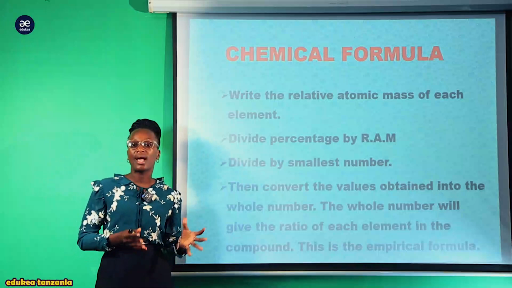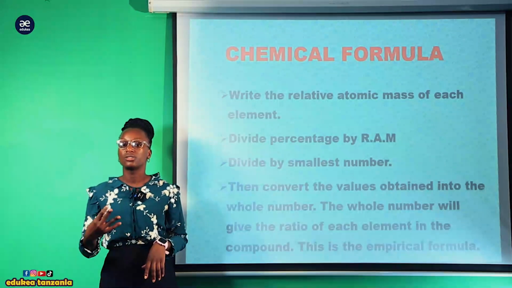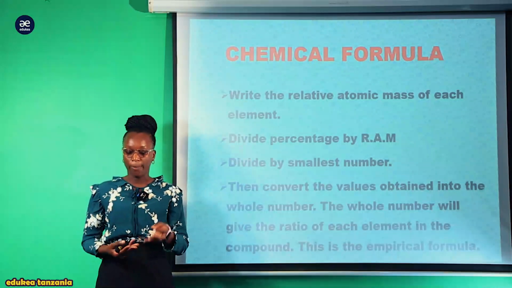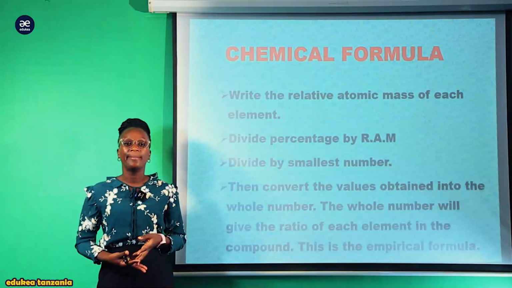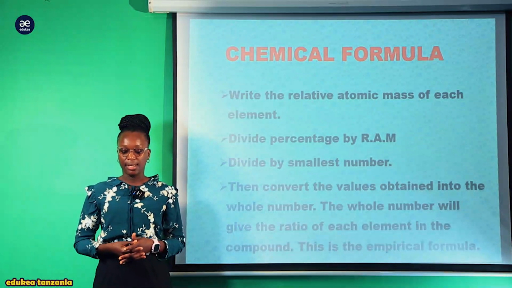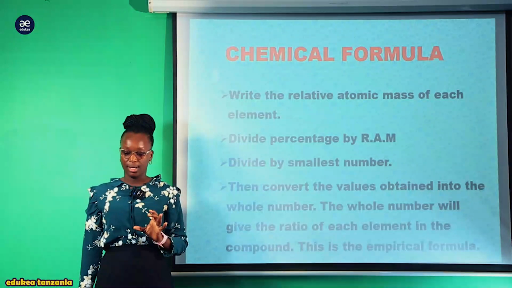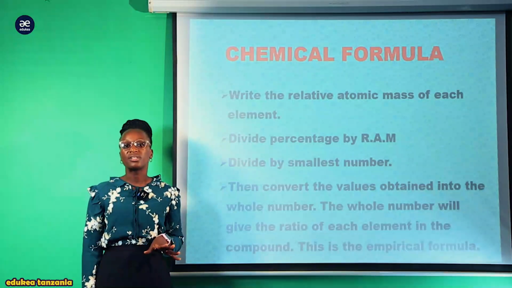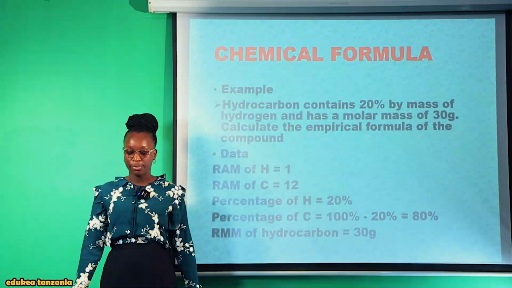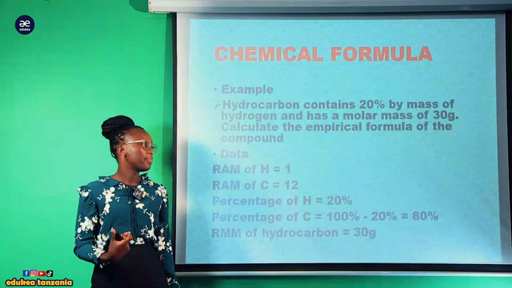Itakuonyesha kwamba maybe carbon is 2, hydrogen is 1, or carbon is 1, hydrogen is 2, and so on. Itakupa ile ratio ya each element. But finally, ile whole number ndo itakupa hii empirical formula. Let us see a good example so we can understand well this concept of empirical formula.